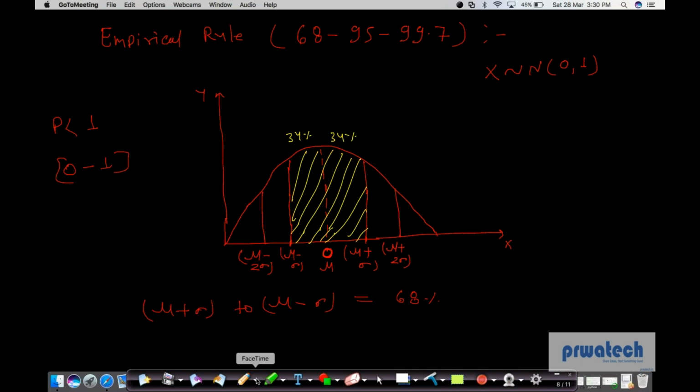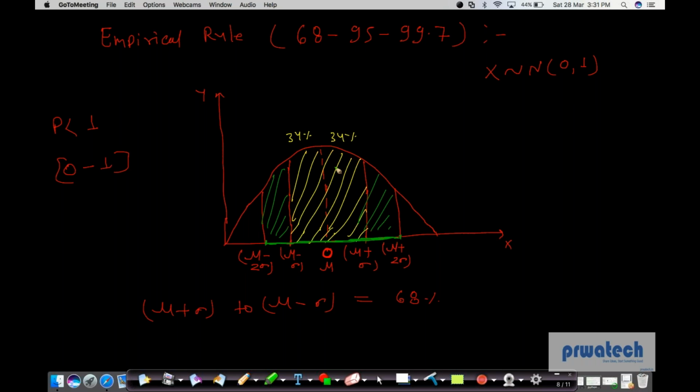This entire area from here to here, this whole point I'm considering, is how much? It is 95. This whole area is 95.